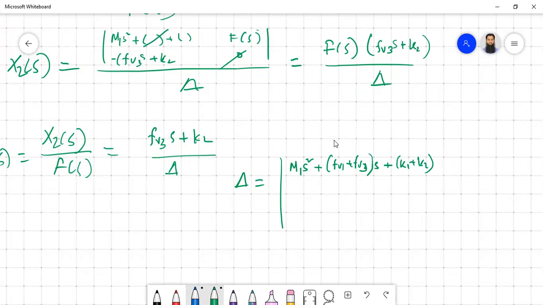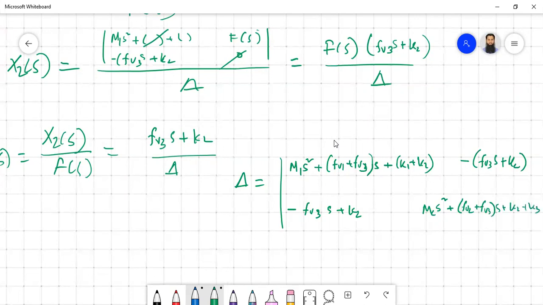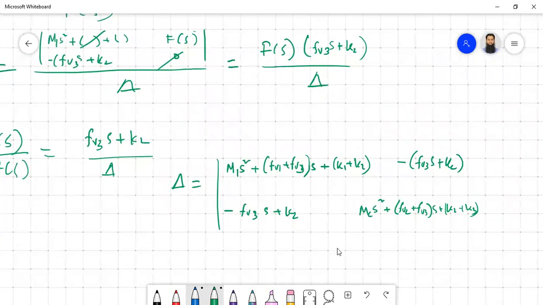Similarly here you will have minus FV3S plus K2, minus FV3S plus K2. Then you have here M2 S square plus FV2 plus FV3S plus K2 plus K3.